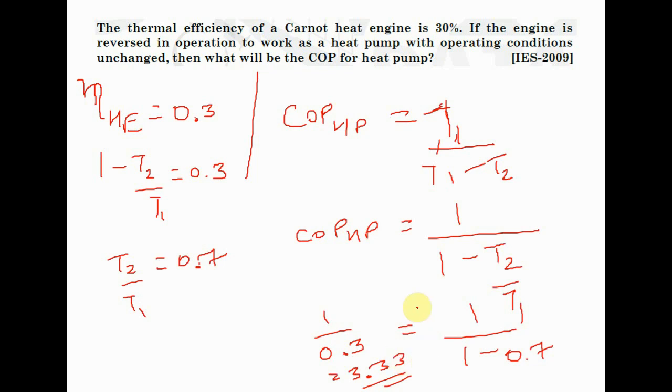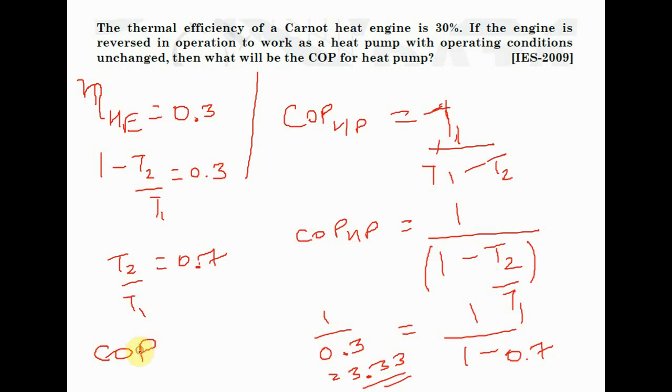Here is one important deduction that I want you to know directly. If they have given the Carnot heat engine efficiency, then from this equation you see that COP of heat pump is nothing but 1 upon 1 minus T2 by T1, and this entire term 1 minus T2 by T1 is nothing but efficiency of a reversible heat engine operating between the same temperature limits.